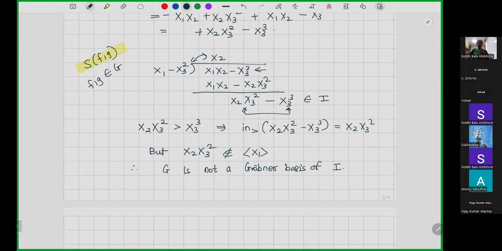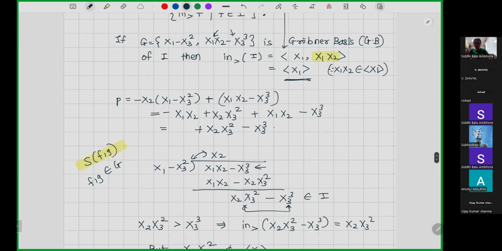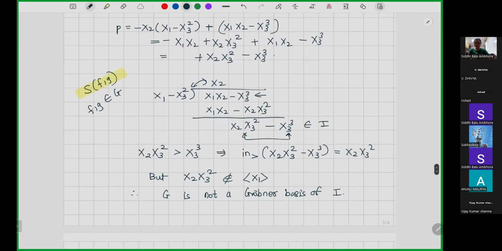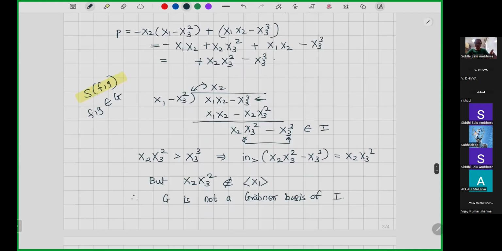So we'll move to this next turn. By this method, we know this is not a Gröbner basis for the ideal generated by A, but we don't know whether something is a Gröbner basis or not. We can find a contradiction with this method.